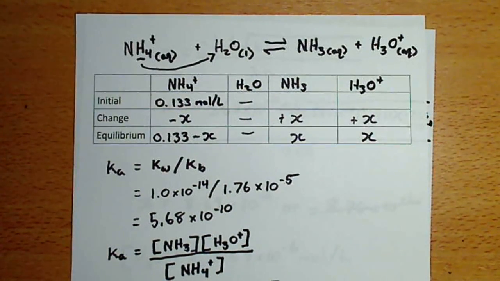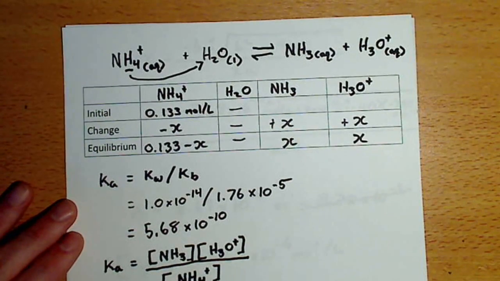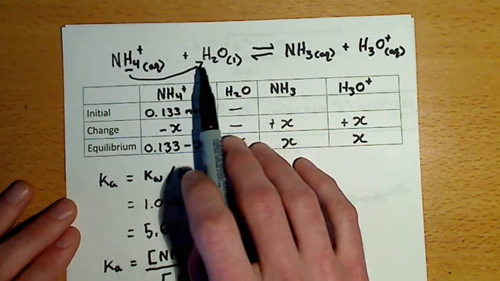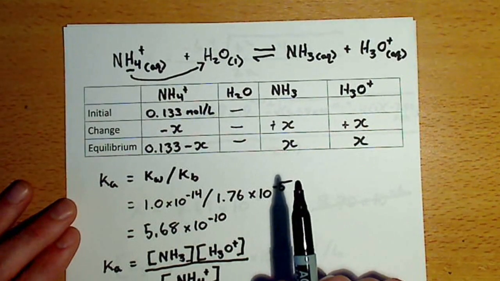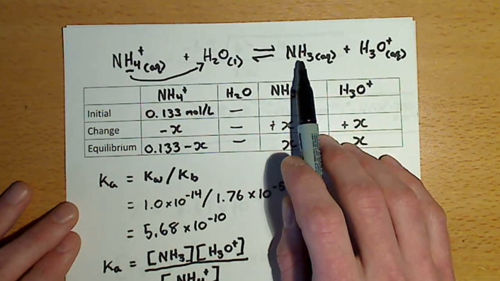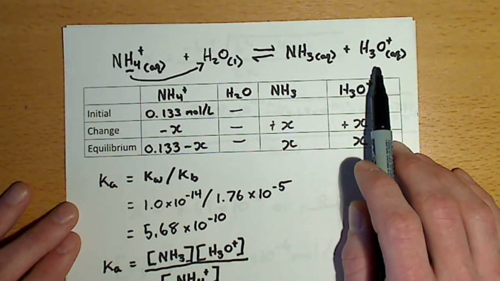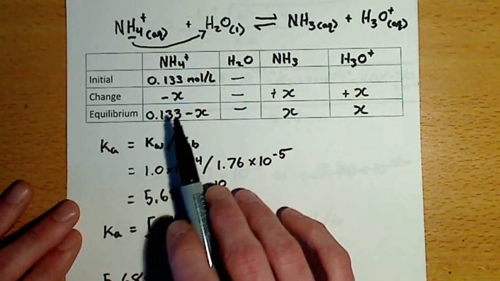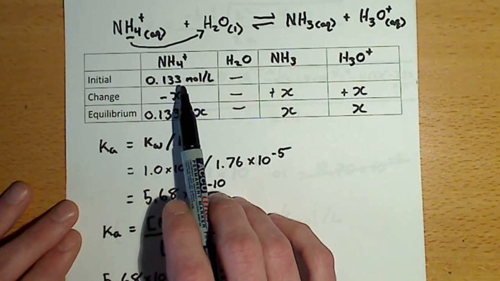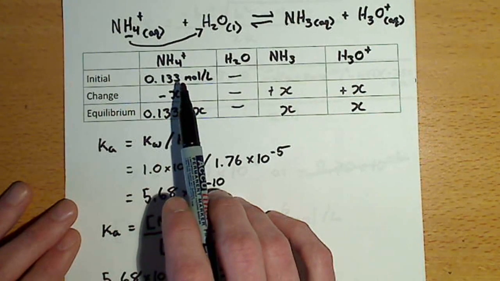Knowing that we're in solution, the ammonium ion will react with water, donating one of its hydrogens, which water, an amphiprotic substance, will accept. We formed ammonia and hydronium ion. I represented this reaction in an ice table and plugged in my initial value of ammonium ion.